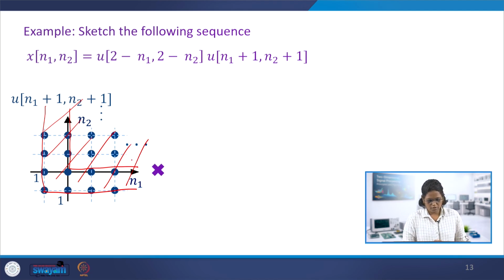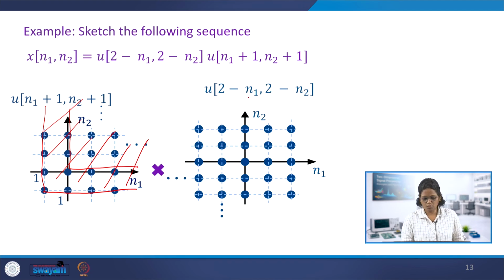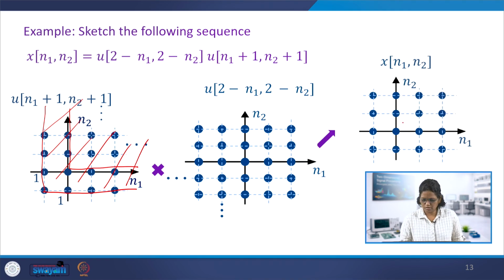Here if you multiply it with the sequence u of 2 minus n1, 2 minus n2, which has the sequence ending at 2 comma 2 and also exists in this region, we get a sequence which is the product of these two. The part which is common between the two is only this portion, up to 1 comma 1 minus 1 here.